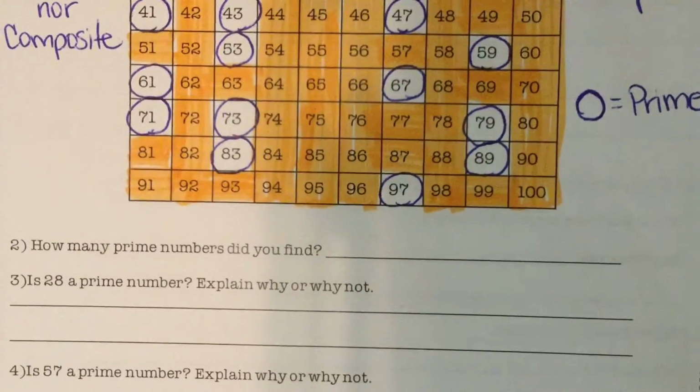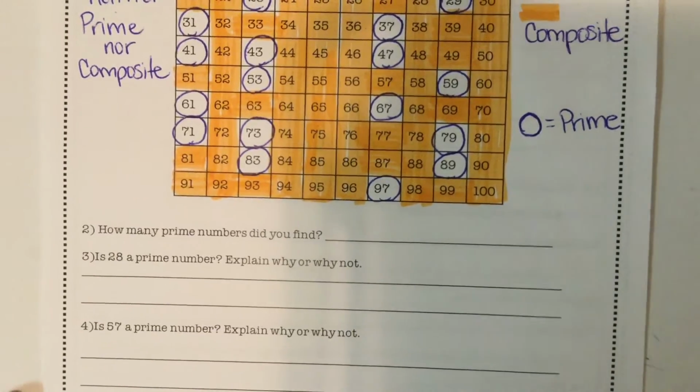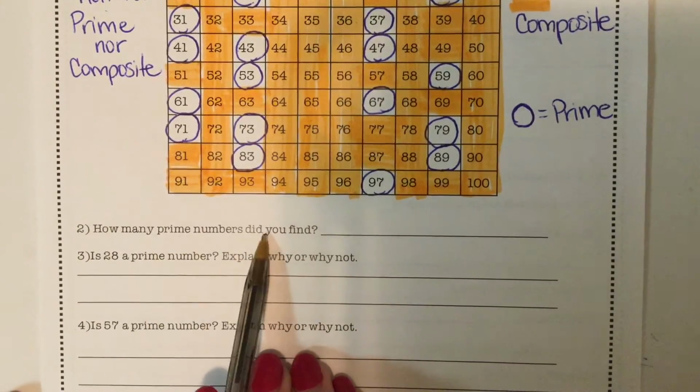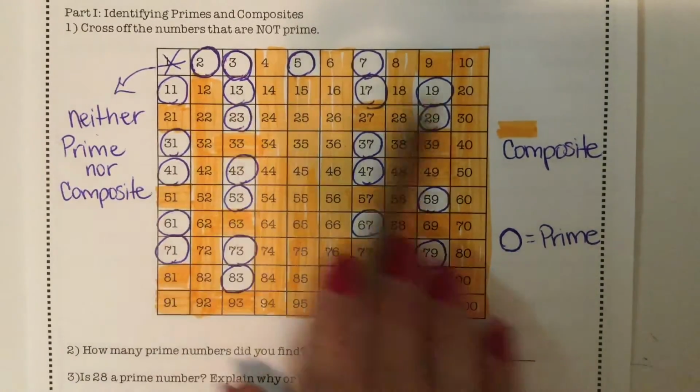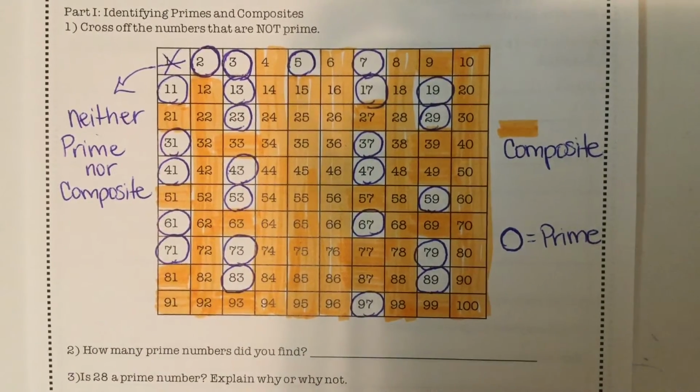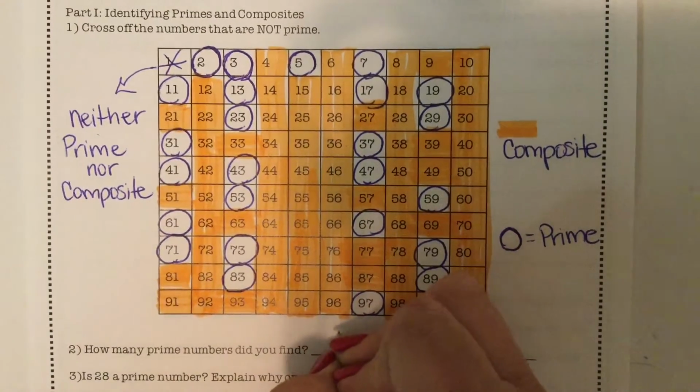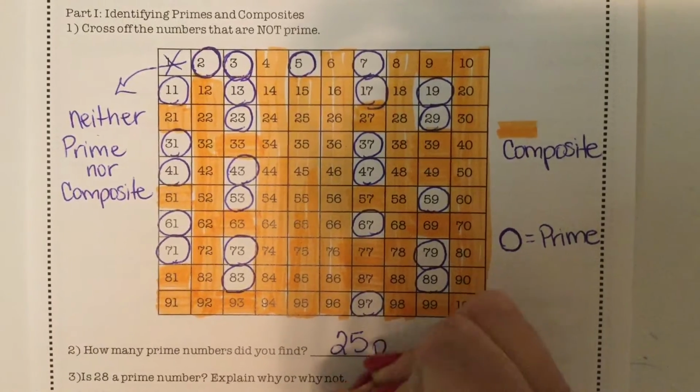Okay, so as you've finished, let's answer these questions. How many prime numbers did you find? So using your chart, how many prime numbers? Okay, you should have put that there's 25 prime numbers.